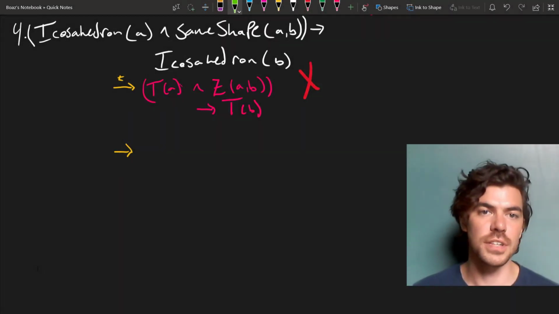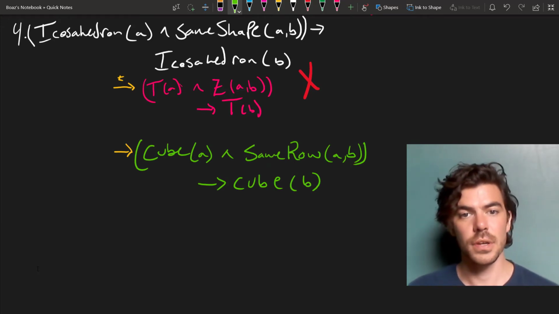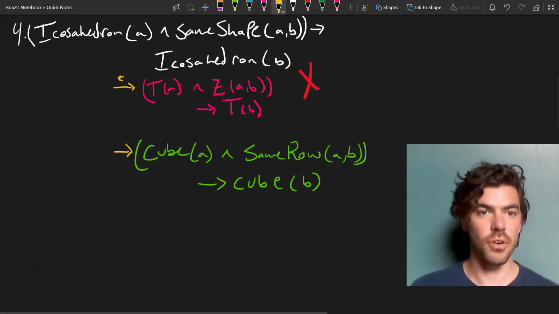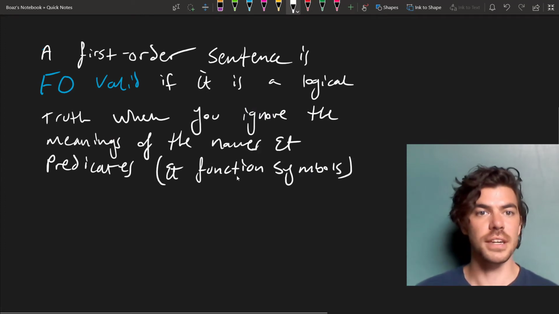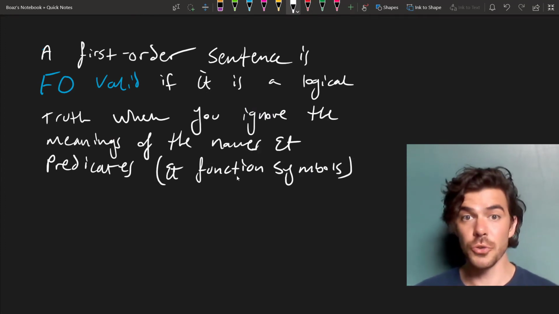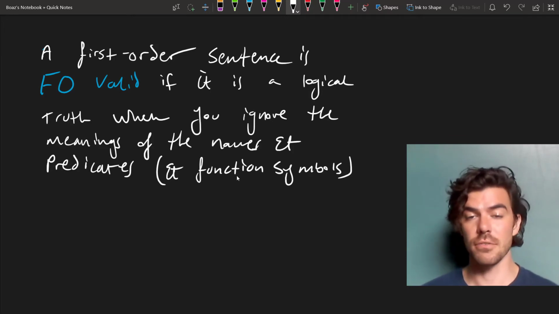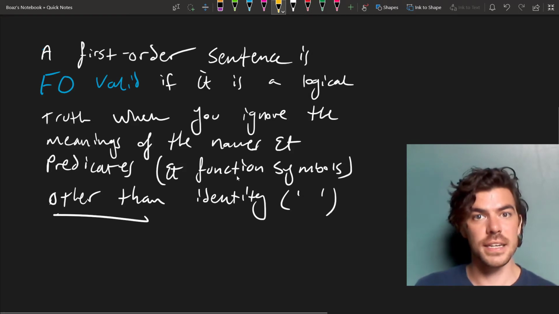Here's one such example that you could have given, although there are many that you could give that show that 4 is not FO valid. A is a cube and A and B are in the same row implies that B is a cube. It's easy to see that this could be rendered false, and so this translation also serves as a counterexample to it. So a first-order sentence is FO valid if it is a logical truth when you ignore the meanings of all of its names and predicates as well as function symbols, although we're not looking at function symbols in this course, other than the identity symbol or equals.